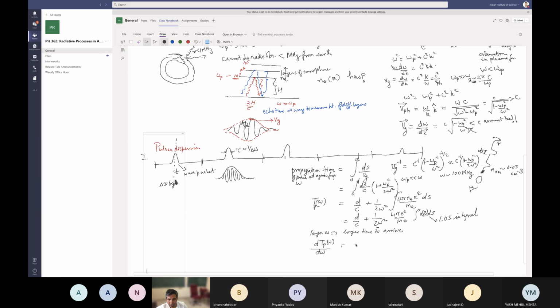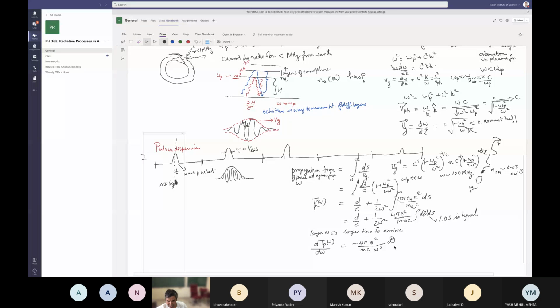This is equal to minus 4 pi e squared by m_e c, I think I missed a c, over omega cubed, right? I'm just differentiating with respect to omega, times this dispersion measure.